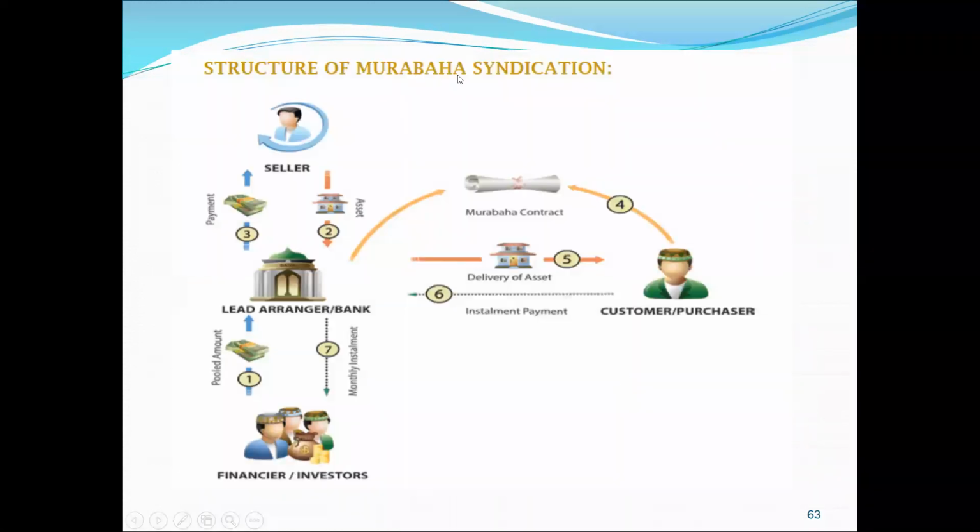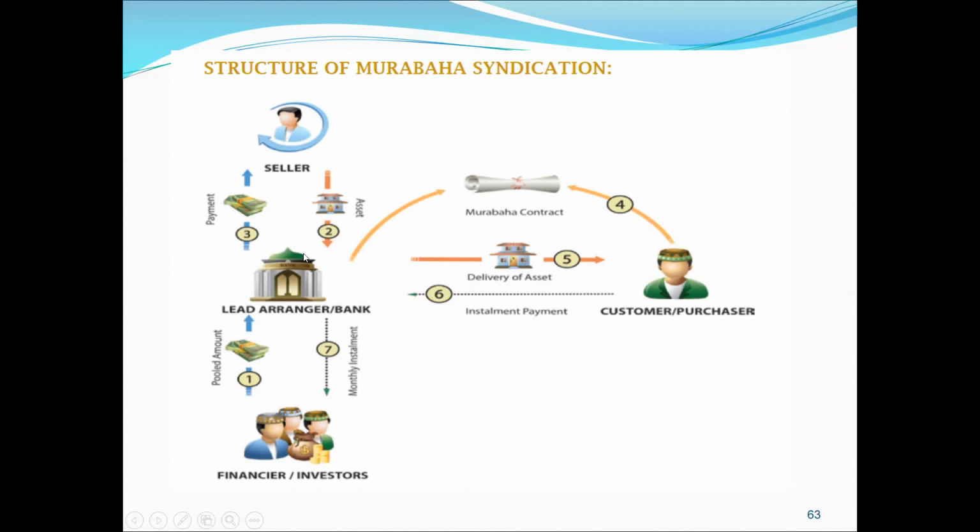As the structure of murabaha syndication shows, I'm an investor bank collecting the pool from you, the investors, and buying certain assets from the seller, it can be any type of asset or commodity, giving the full payment in lump sum, let's say $100,000 or 1 or 10 million.